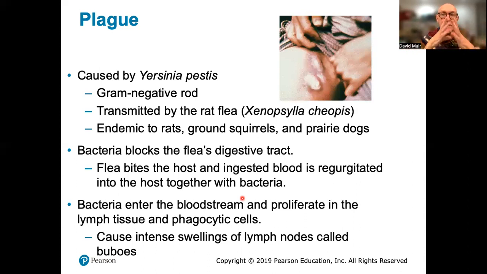So what it does is it climbs on a host and vomits up the blood that was stored in the stomach, and it bites again. This mixture of blood with bacteria, because the bacteria breed prolifically inside the stomach, is injected into the wound when the flea bites.